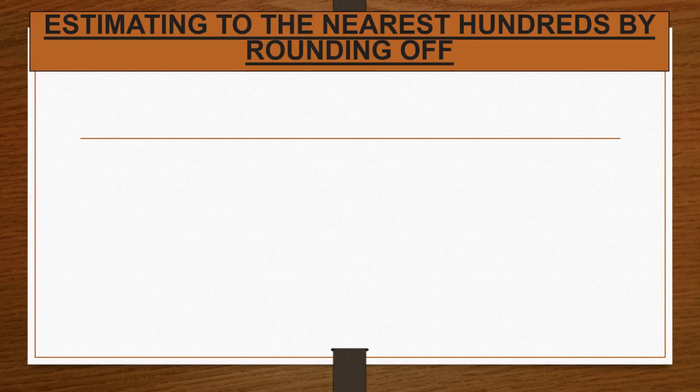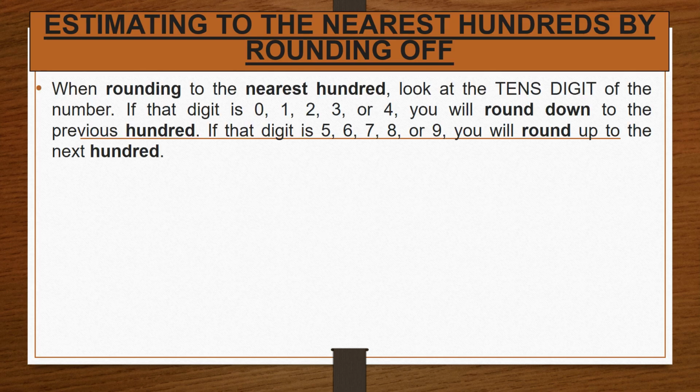Now, our next topic is estimating to the nearest hundreds by rounding off. When rounding to the nearest hundred, look at the tens digit. In the previous slide, we were rounding off to the nearest 10. So that time we were looking towards the ones digit.